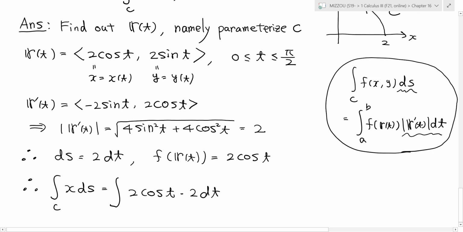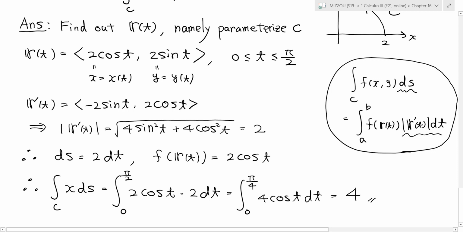And the limits are from 0 to pi over 2. And that is from 0 to pi over 2 for cosine t dt. And if you work this out, you are supposed to get 4 for your final answer.